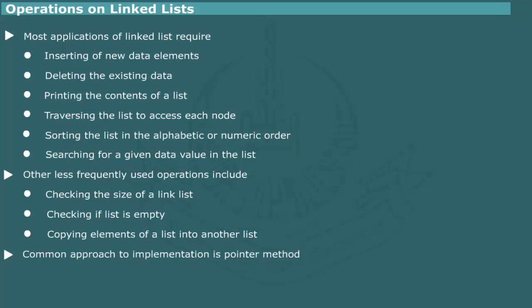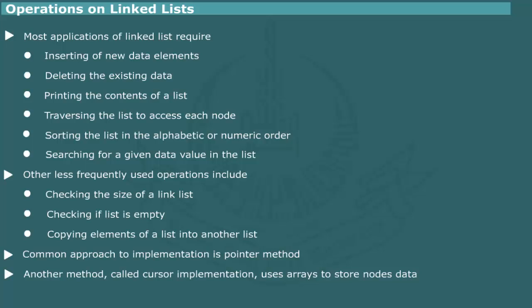The most common approach to implementation of a linked list is called the pointer method, which stores data in a collection of objects. Another method, called cursor implementation, uses arrays to store node data and linked pointers. We first discuss the pointer implementation and programming aspects of this approach.